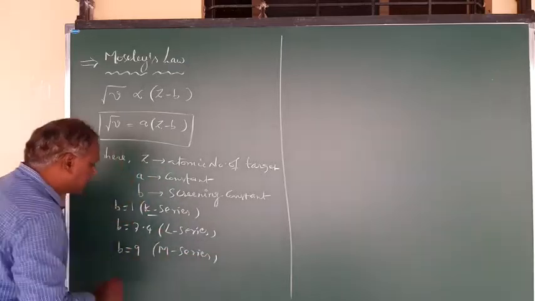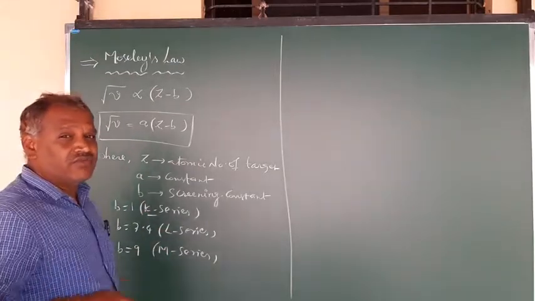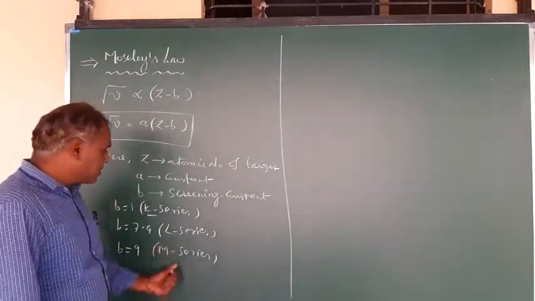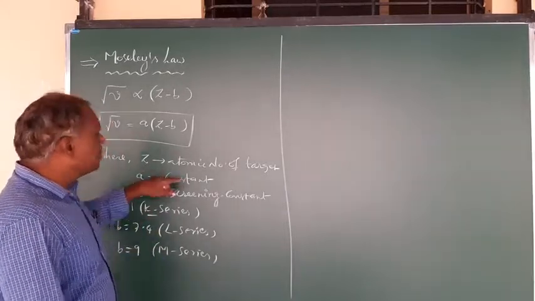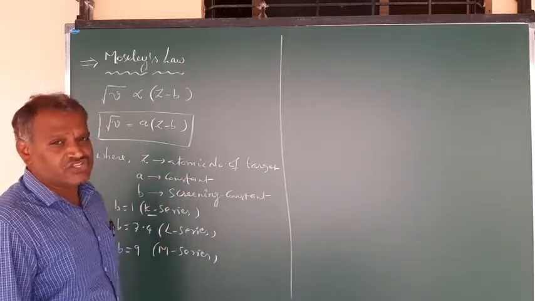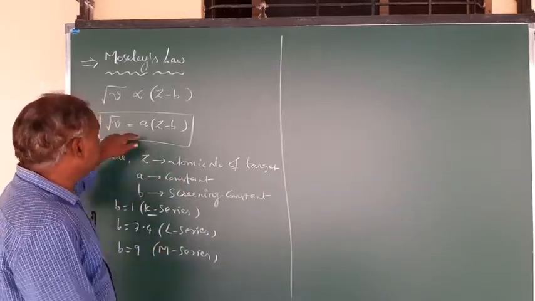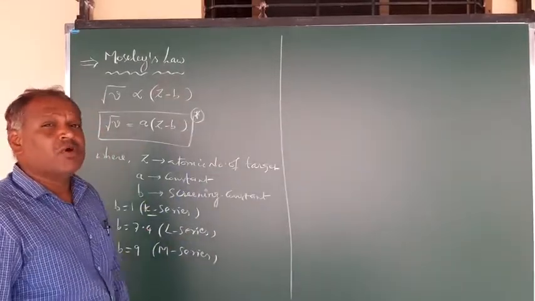So the b value depends upon the series, whereas the a value is a constant irrespective of the series. This equation is called Moseley's law.